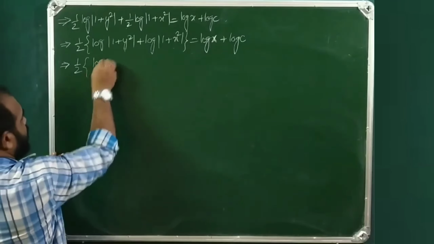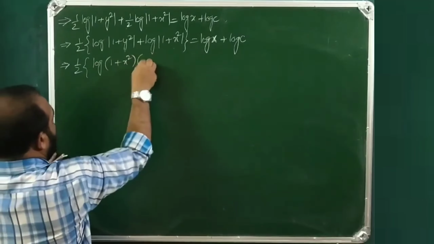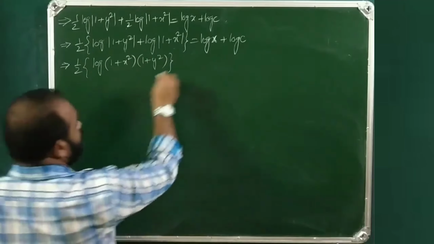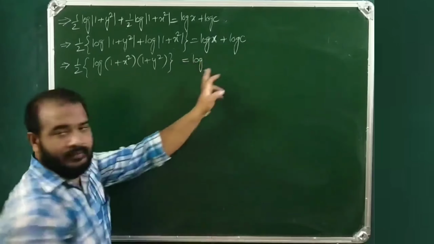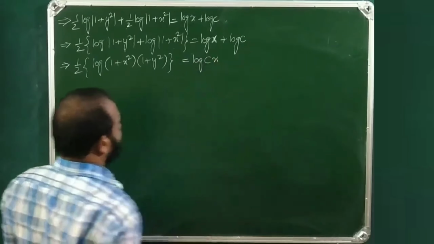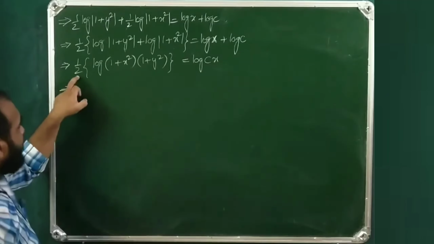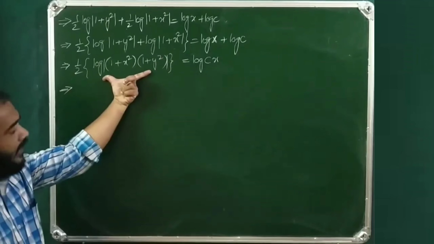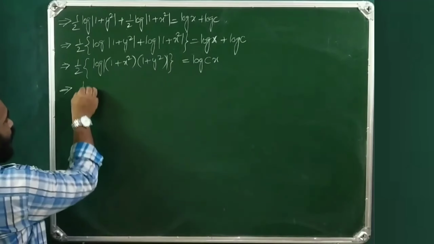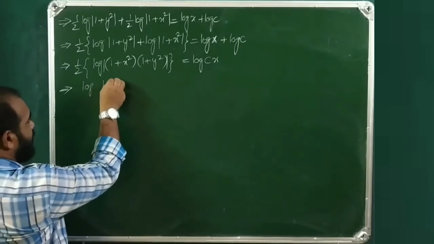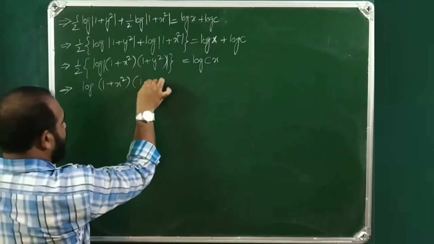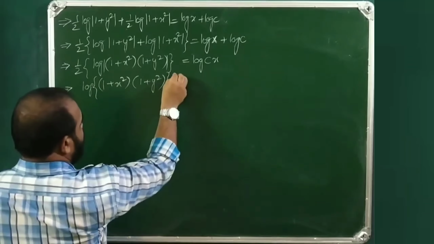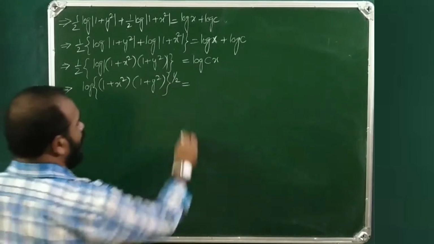So log of 1 plus x square into 1 plus y square is equal to log a plus log b, log ab, log cx. So m log a is log a to the power of m. So log of 1 plus x square into 1 plus y square whole power 1 by 2 is equal to log cx.